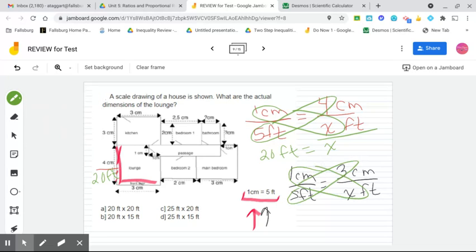Cross multiply, so I have x times 1 is 1x, or just x. 5 times 3 is 15, but again, I'm looking for feet. So this should be 15 feet. So the actual dimensions are 20 feet by 15 feet, which is choice B.